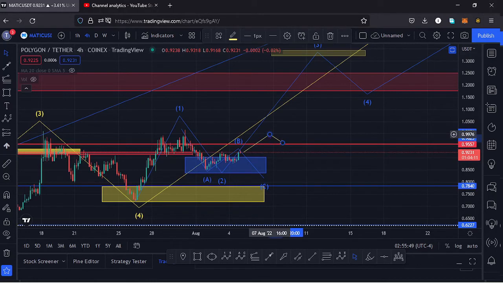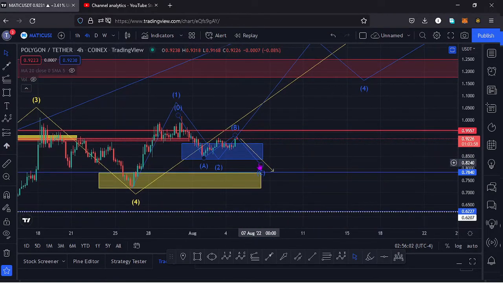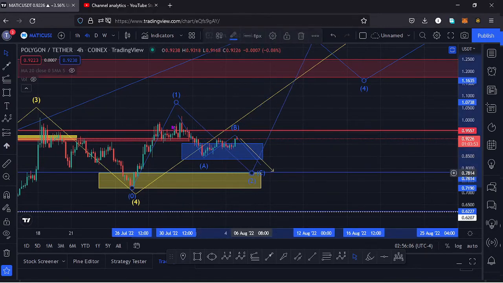So it's possible that maybe we might try to push above this key area of resistance, get rejected, and then have a pullback to around the $0.78 mark, where we have our next key area of support, and that would be the low for that wave 2 to the lower side, that fractal wave.